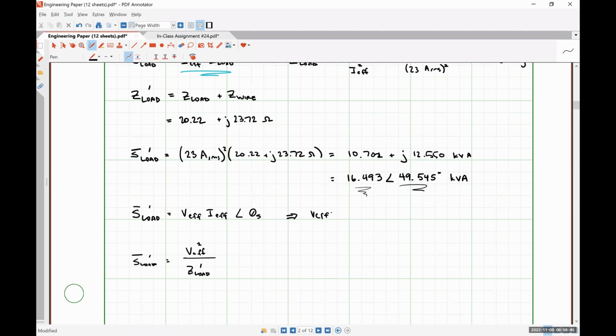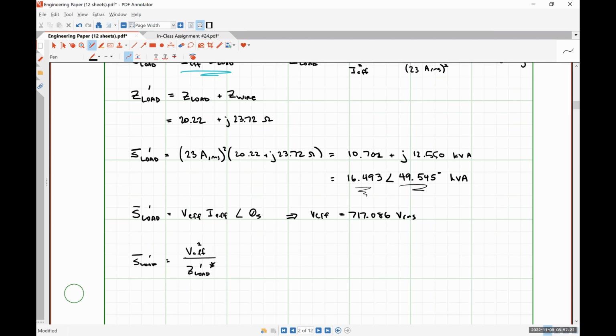So if we have 16.493 divided by 23 gives us 717.086 volts RMS. Let's see. I'm sorry, that should be primed, or conjugated, sorry.